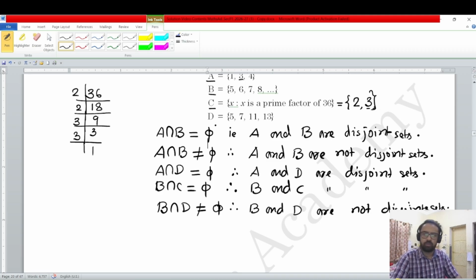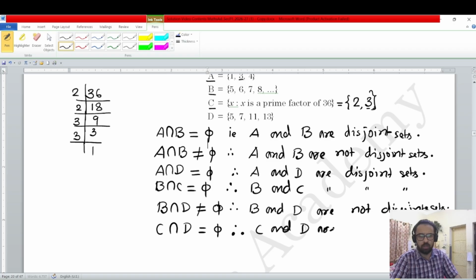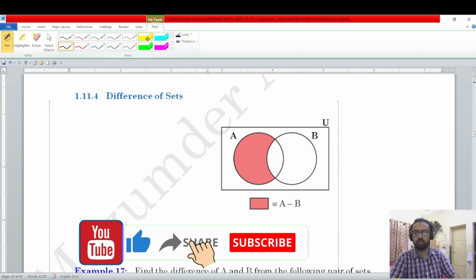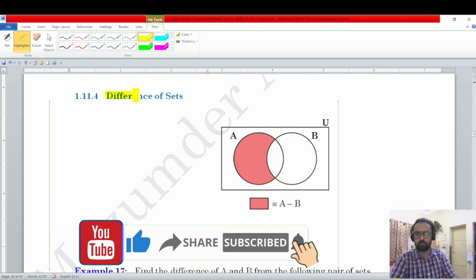Next, C with D. C and D don't have any common element, so C intersection D equals phi, therefore C and D are disjoint sets. Okay, so we understood what disjoint sets are. Next concept is difference of sets.